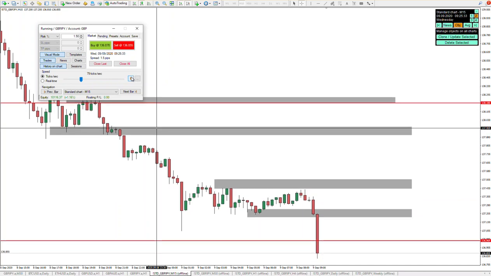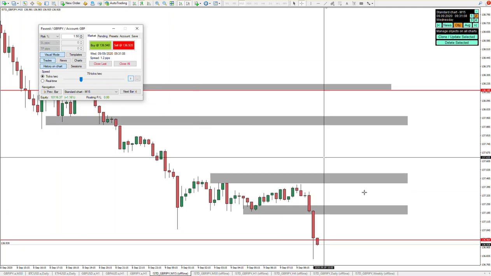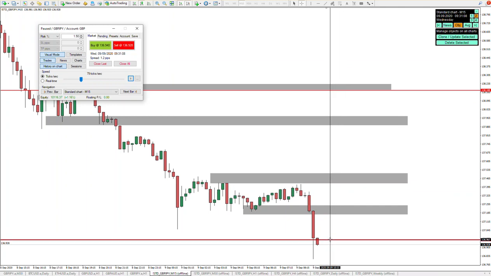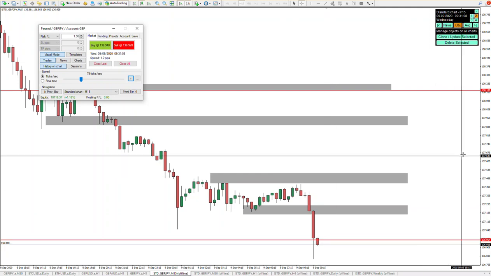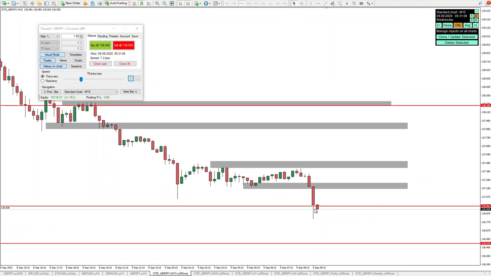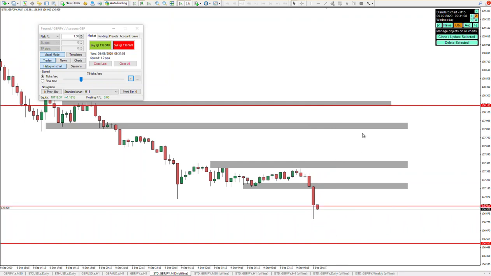Let's see how the M30 closes. Okay, M30 closed above H4 support. It's a beautiful wick to go down. There's a nice room. Wow, that's beautiful, but I don't like this.